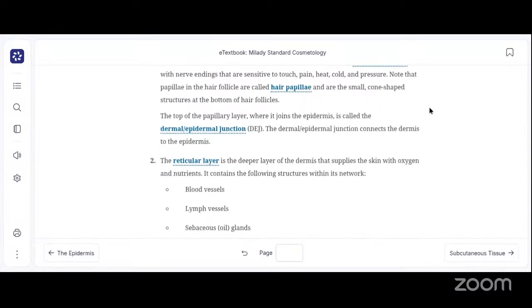The hair papilla becomes like a bridge, a straightway. In order for nutrients to come through that follicle, they must come through the base of that hair root, and that is the hair papilla. It's at the bottom of the follicle.